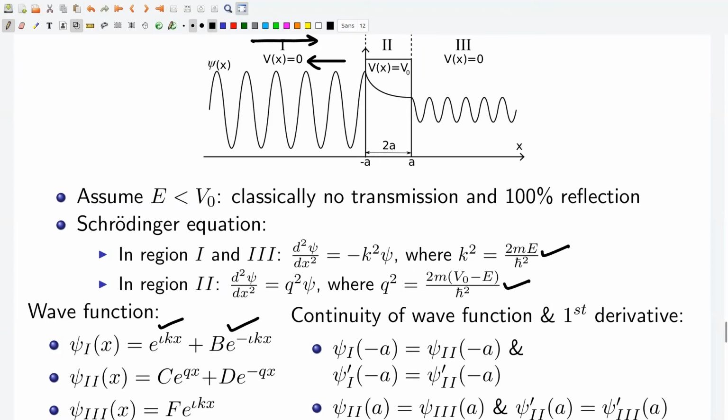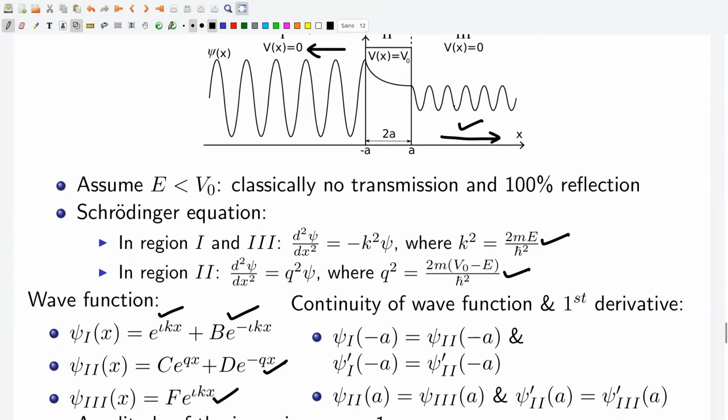In region 2, we don't have a propagating solution, and in region 3 we again have a propagating solution, but now in this case it is propagating from left to right. There is nothing that is getting reflected back, so that is why the e power minus ikx part is not present in region 3. So now we have the wave functions in 3 different regions.